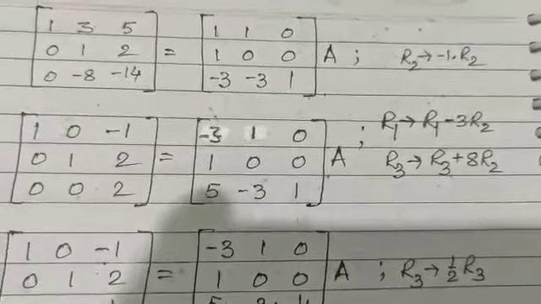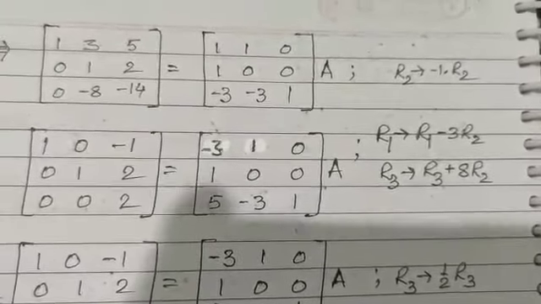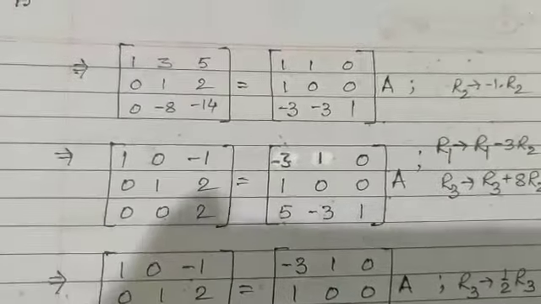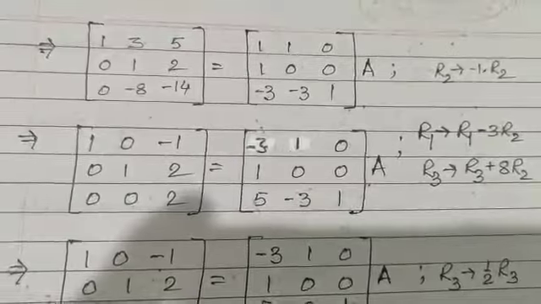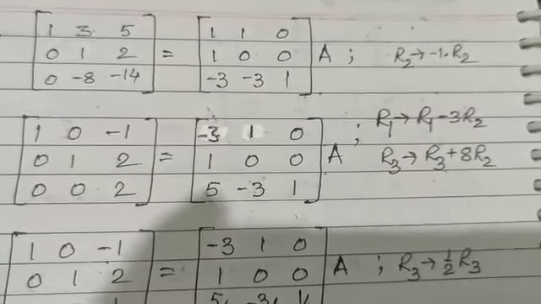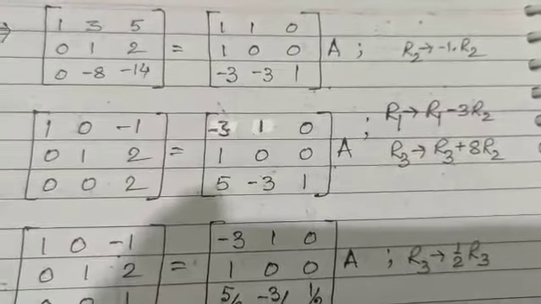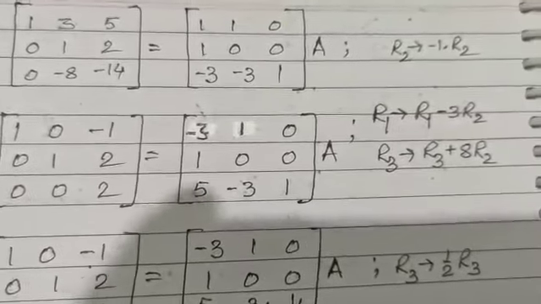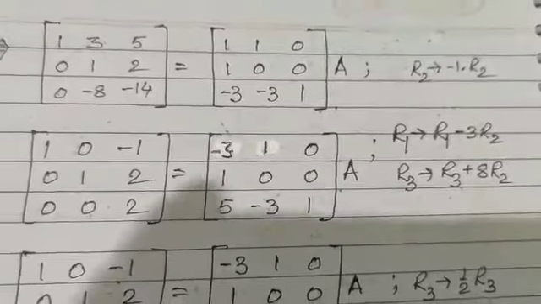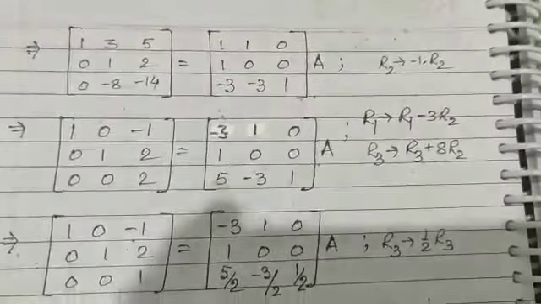And in the third row, the corresponding element in the second column is minus 8. So if we multiply the second row by minus 8 and add it to the third row, that element also will be 0. So the right side operations are written: R1 is R1 minus 3R2 and R3 is R3 plus 8R2. And the corresponding calculations are done.